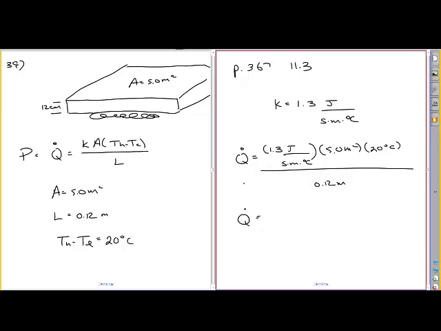So we take 1.3 times 5 times 20 divided by 0.12, and I get 1080. We only really have two significant figures, so I could put 1100, but really I should put 11 times 10 to the third joules per second. And a joule per second is a watt.